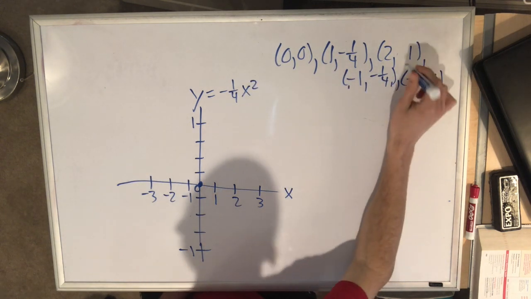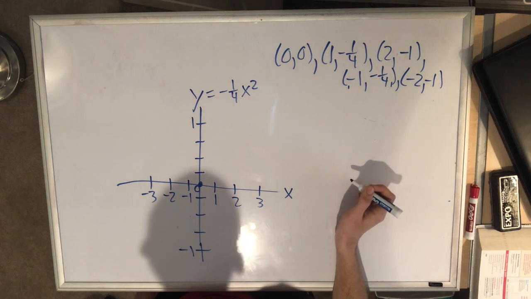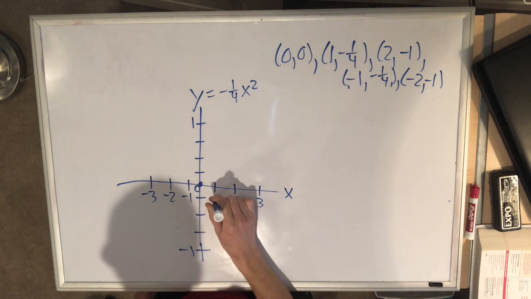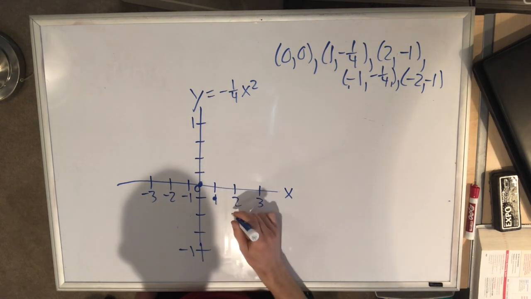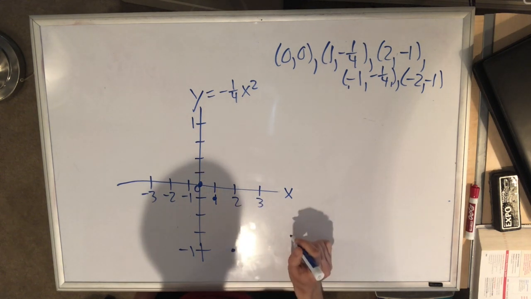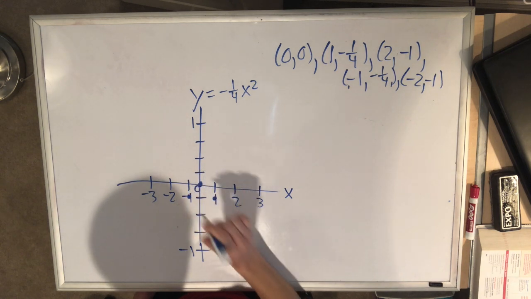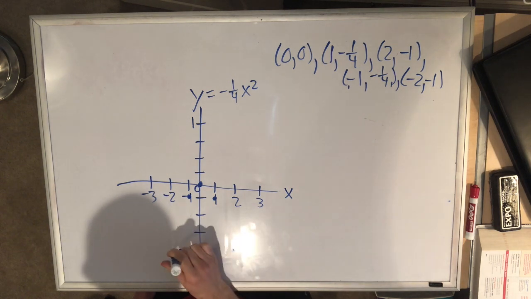The point 1, comma, negative 1/4 is over here. 2, comma, negative 1 right there. Negative 1, comma, negative 1/4 right here. And negative 2, comma, negative 1 right here.